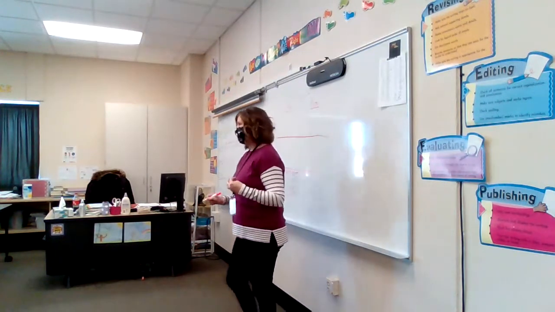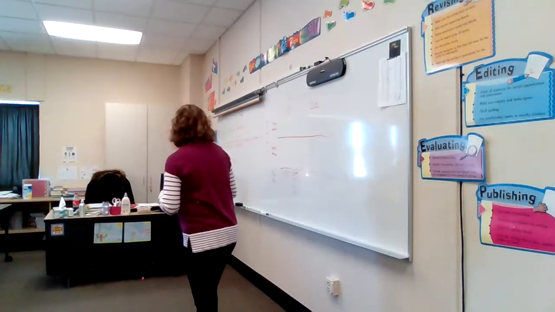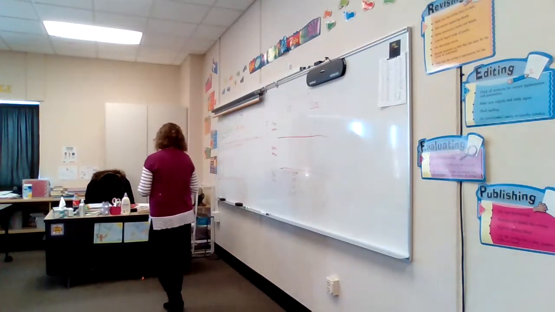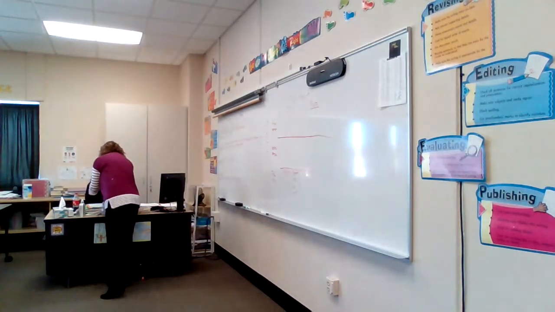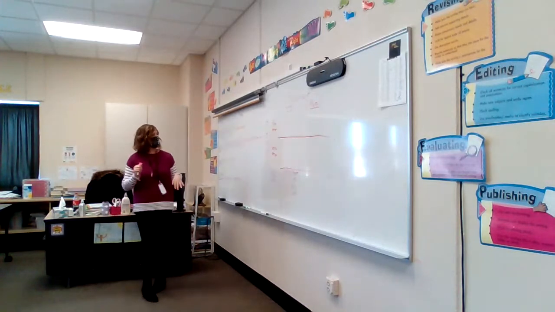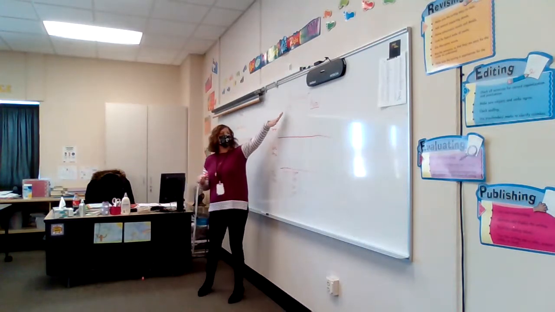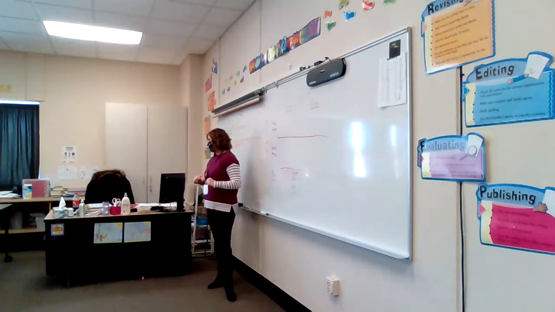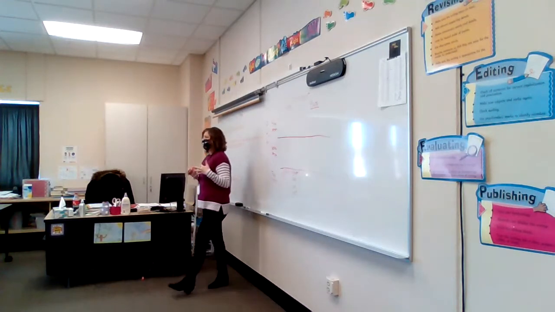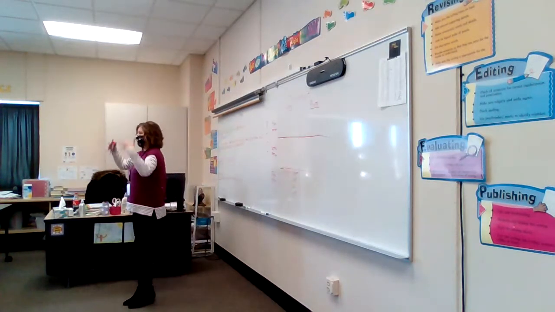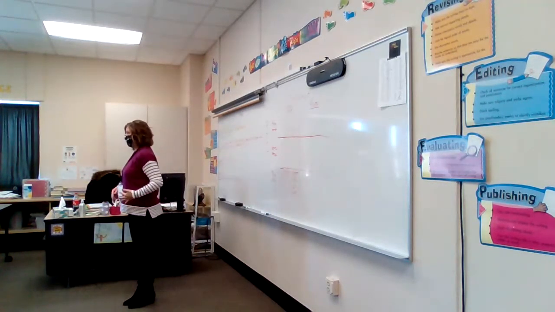Okay, so now let's go ahead and fill in our chart. All right, so what would the first person singular pronoun be? First person stands for when you're talking about yourself, right?